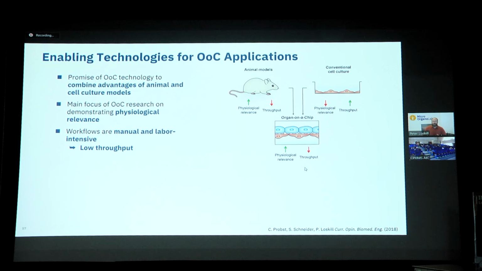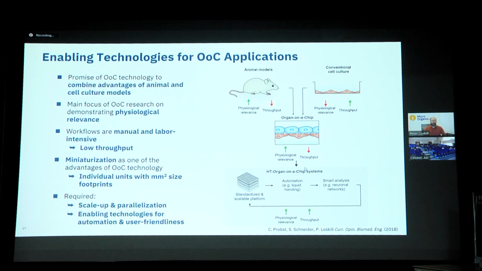The workflows are very manual and labor intensive. However, this miniaturization, this microfluidic approach actually sets the base for a higher throughput. So we have individual units with sub-millimeter square footprints. So what is needed are scale-up and parallelization and also enabling technologies for automation and user-friendliness.